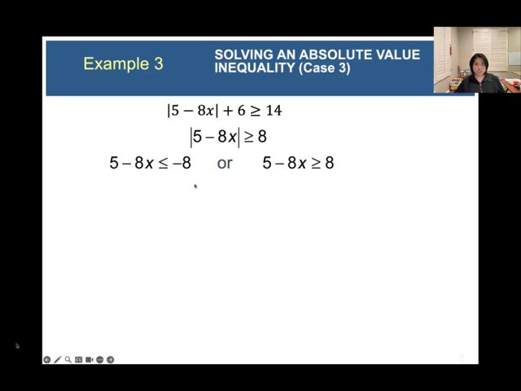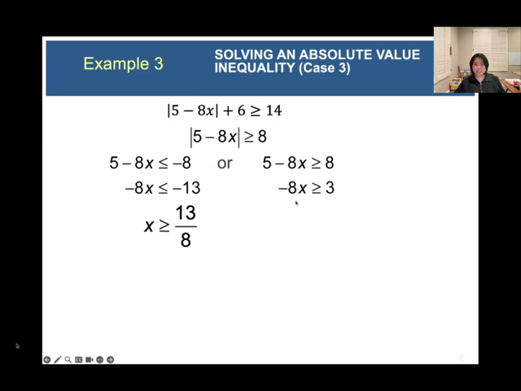Okay, solve the inequality. We're going to subtract 5 from both sides, then divide by negative 8. Remember, when you multiply or divide by a negative number, you need to reverse the direction of the inequality. Okay, I switch the sign here. This one, do the same thing.